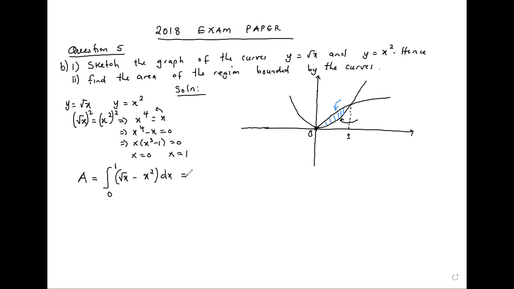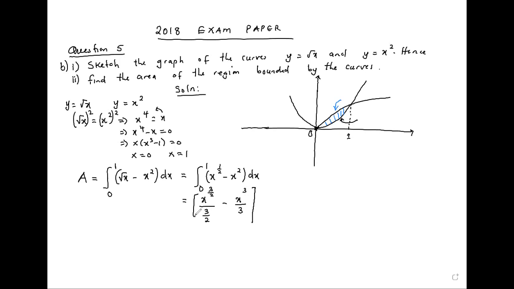So to integrate here, we can write this from 0 to 1 as x to the power half minus x squared dx. X to the power half, to integrate, you add 1, it becomes 3 over 2, and divide by the same. Minus x squared, you add 1, it becomes 3, and divide by 3.